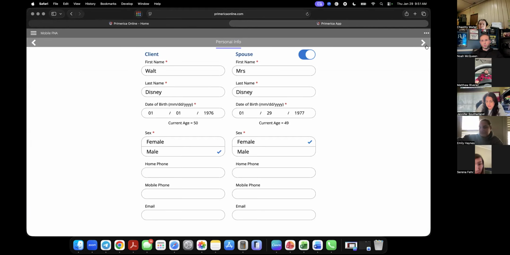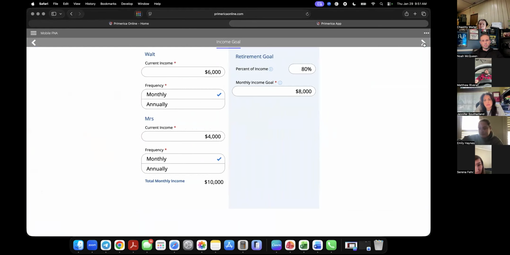Okay, so we're going to pretend that Walt is in the army, and Walt is retired. And so Walt's normal income, between him and his spouse, he's going to be getting roughly half of this back every month until he dies, because that's Walt's pension.